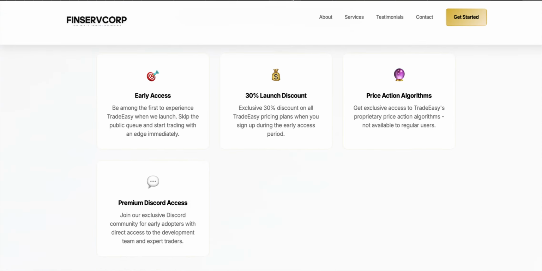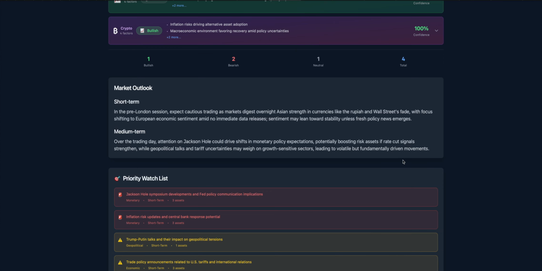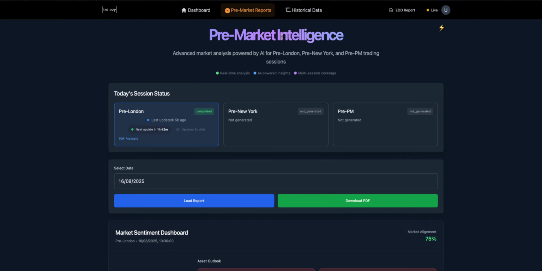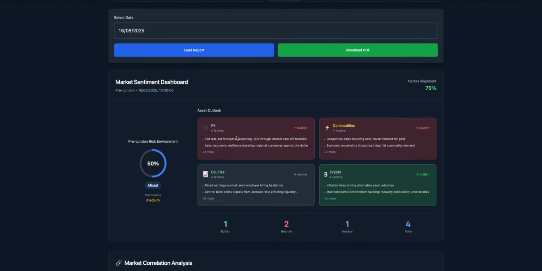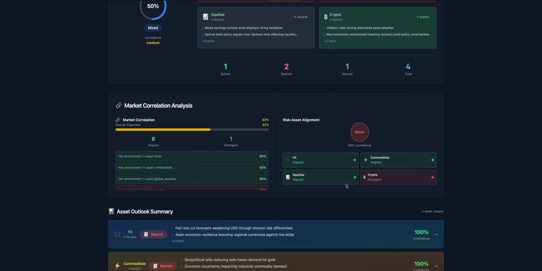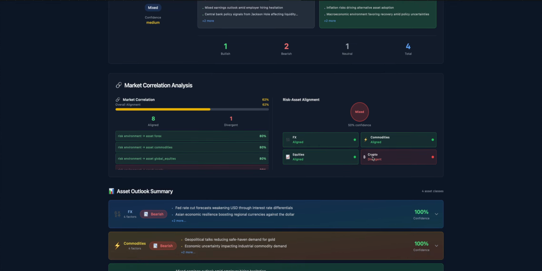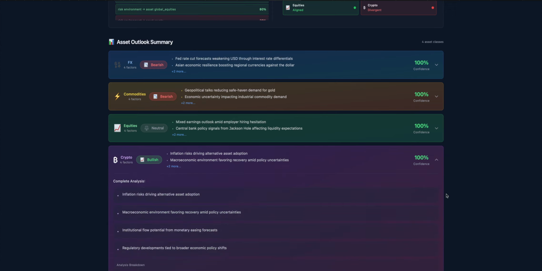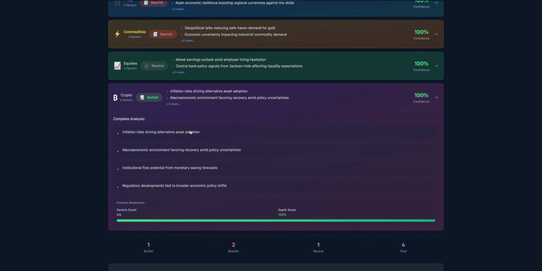Alright, so before we continue with the lesson, here this is the pre-market report right now. This is the pre-London report, what we got for today, which is a Saturday. What we'll be interested in is cryptocurrency, right? We can see that the environment is mixed, so we cannot expect that much movement, right? And you can see that crypto is the only divergent asset, of course, because equities, FX and commodities are closed. If you look at what's exactly causing this, we have the factors over here.